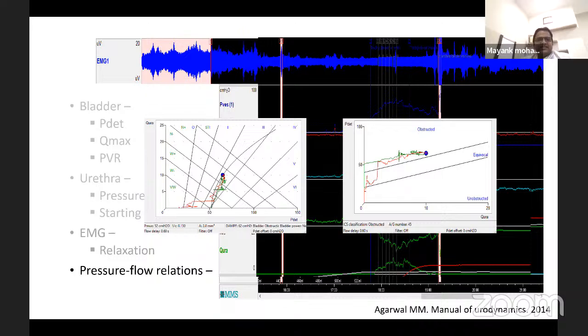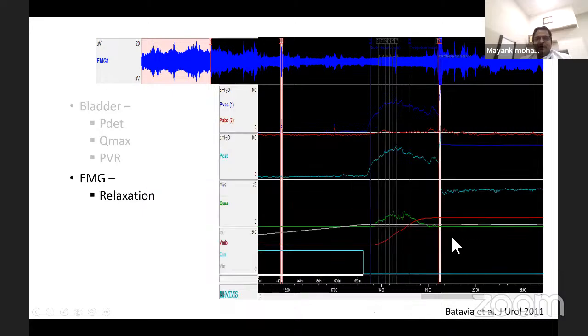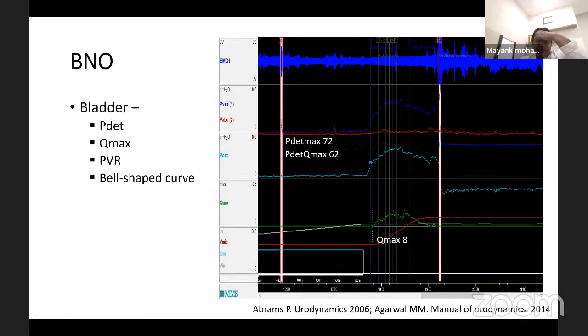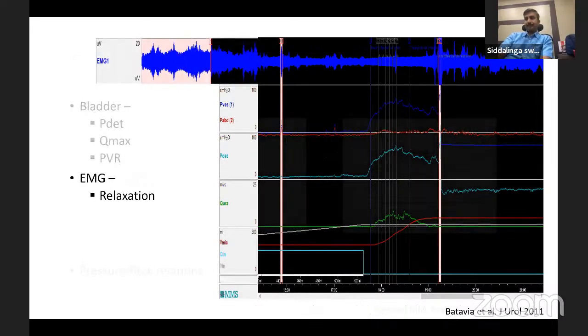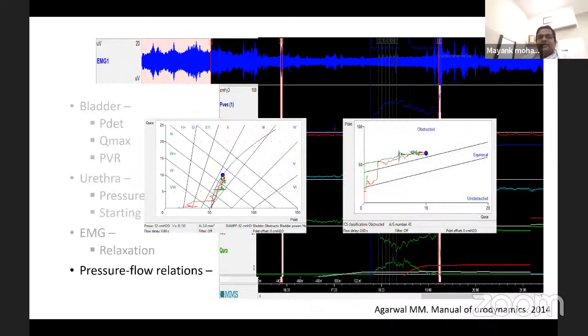And in this case, your bladder contractility index is around 102. So any bladder contractility index more than 100 is considered normal. And any BOOI more than 40 means obstruction.